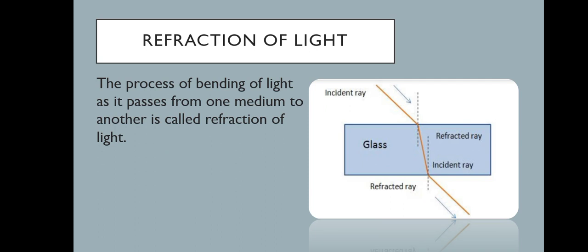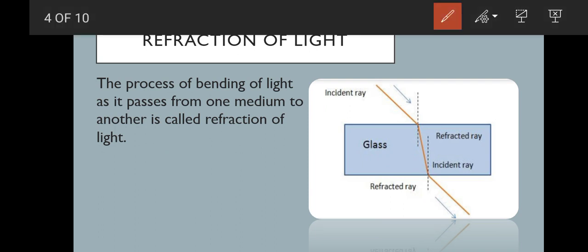Here you can see a glass and the air is here. Let's say this is the air, the first medium, and glass is the second medium. The incident ray is present in air. This is the direction of the incident ray. It is striking the surface of glass at the point of incidence. A part of it will reflect obeying the laws of reflection and the other part will pass into the glass.